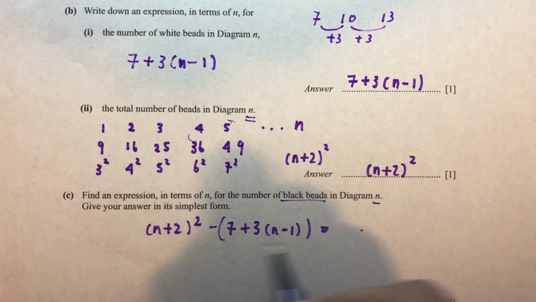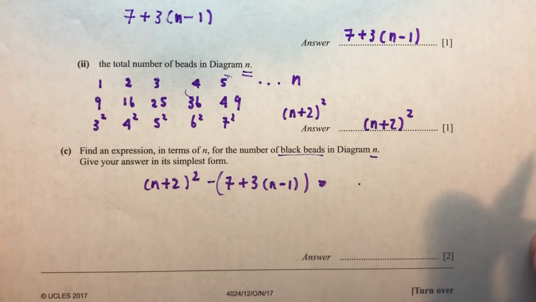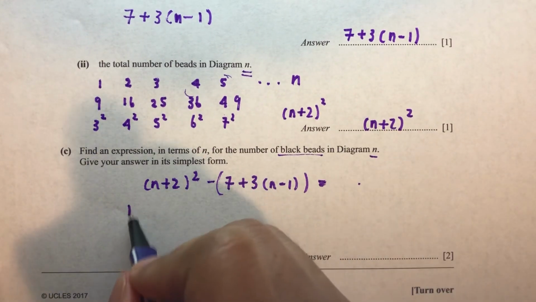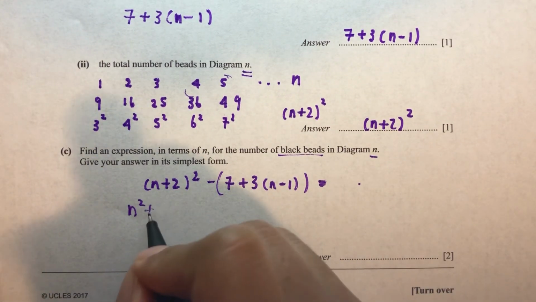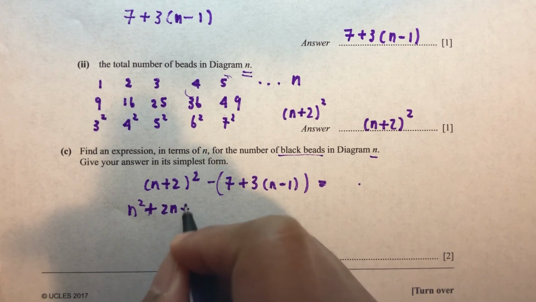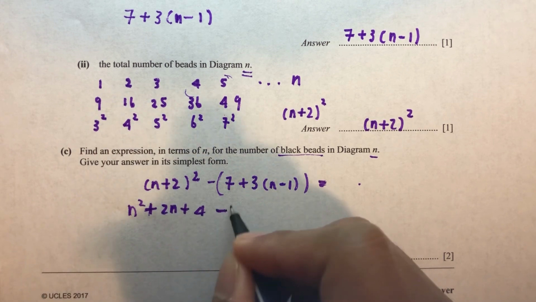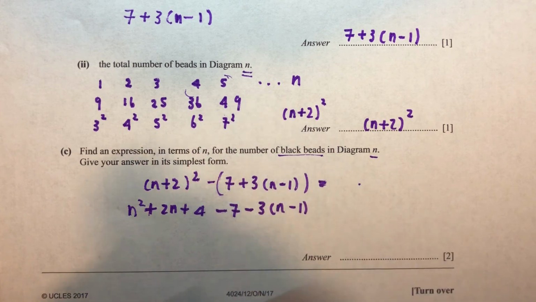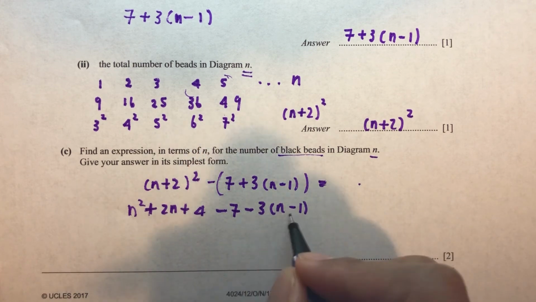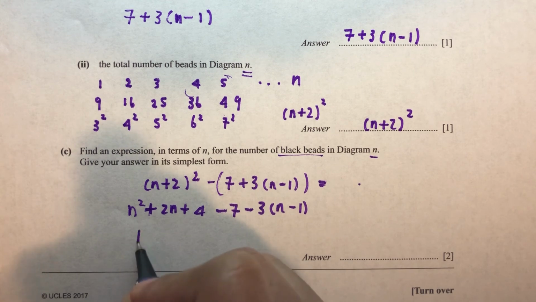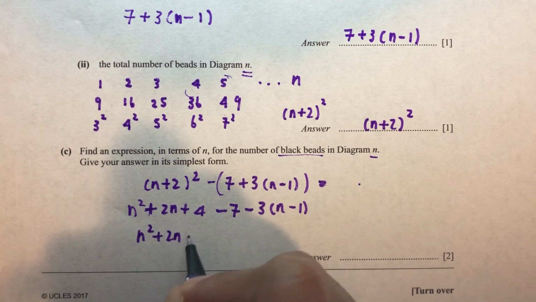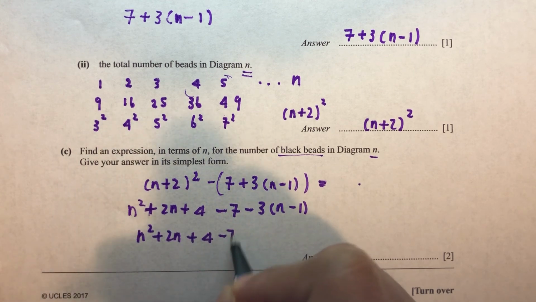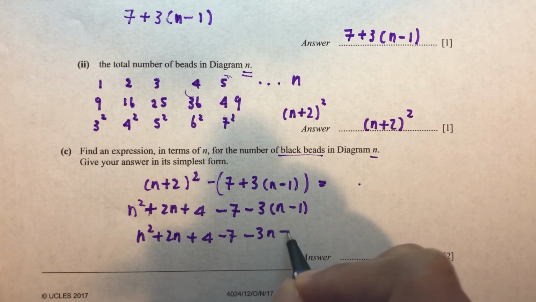So simplify, we will get what? So n squared plus 2n plus 4 minus 7 minus 3, and we have to expand this bracket. So n squared plus 2n plus 4 minus 7 minus 3n plus 3.